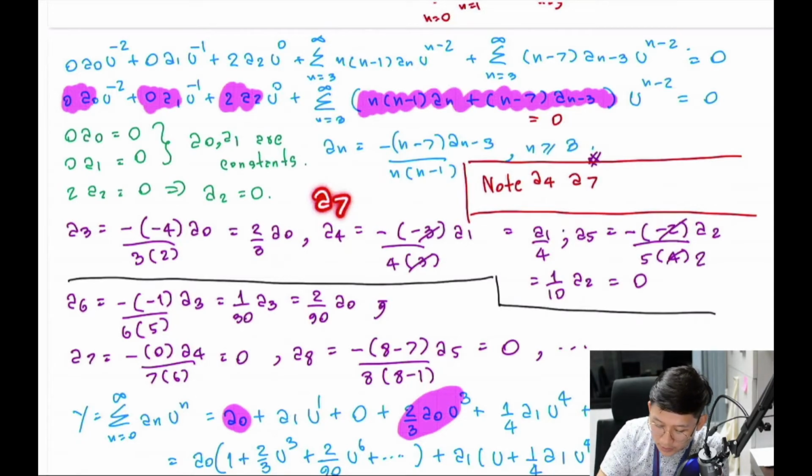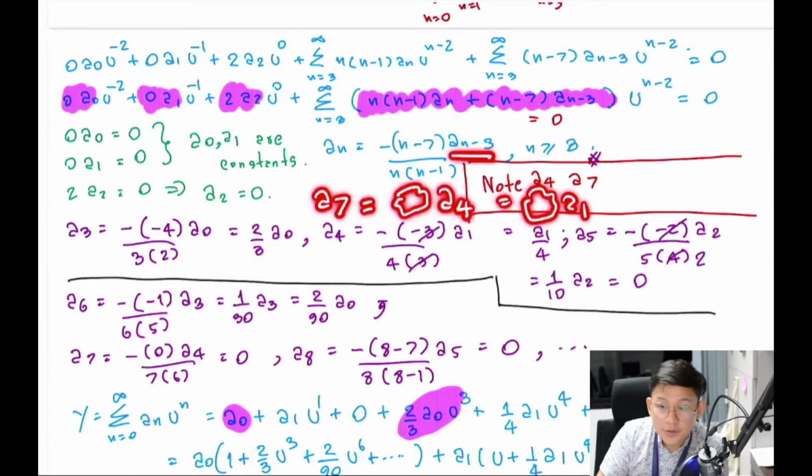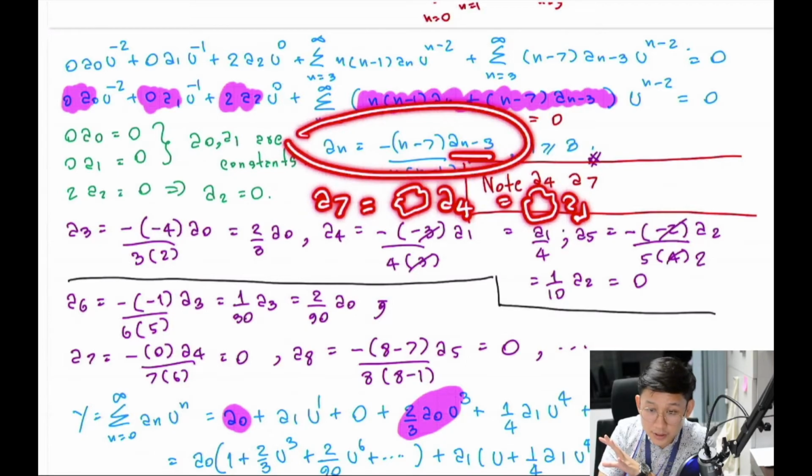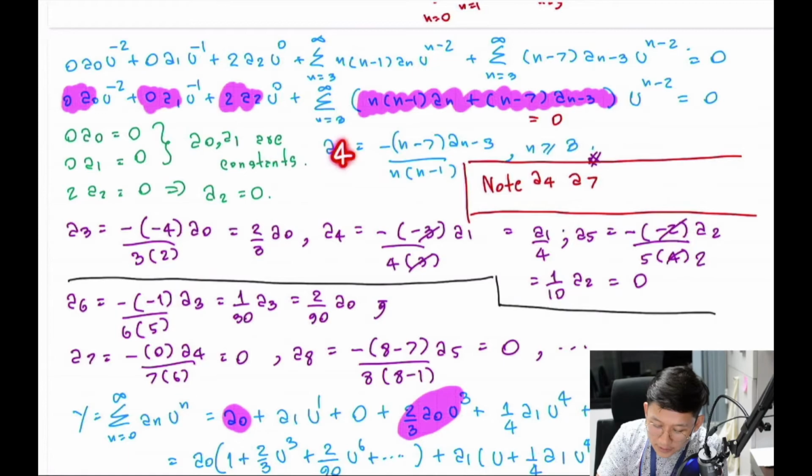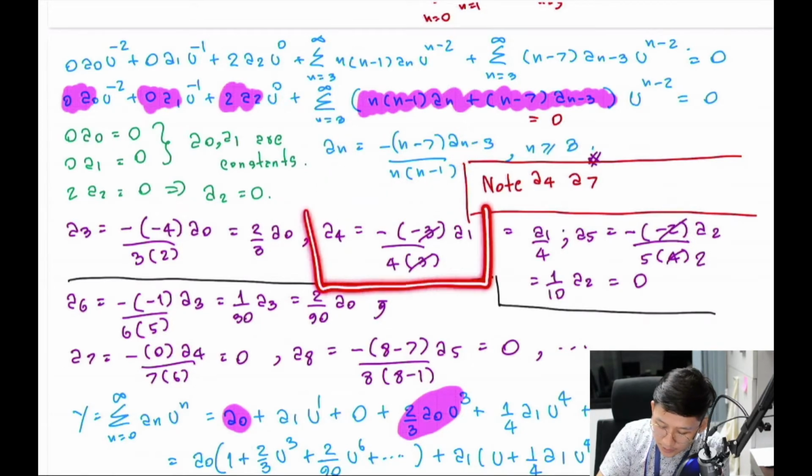Because if you write down A7, you would need to write something and A4, and that would be something and A1, because A4 can be written in terms of A1. A7 can be written in terms of A4 using this recurrence relation. Again, you will have A1 if and only if you have A4. Why? Because if n is 4, it's going to be 4 minus 3.